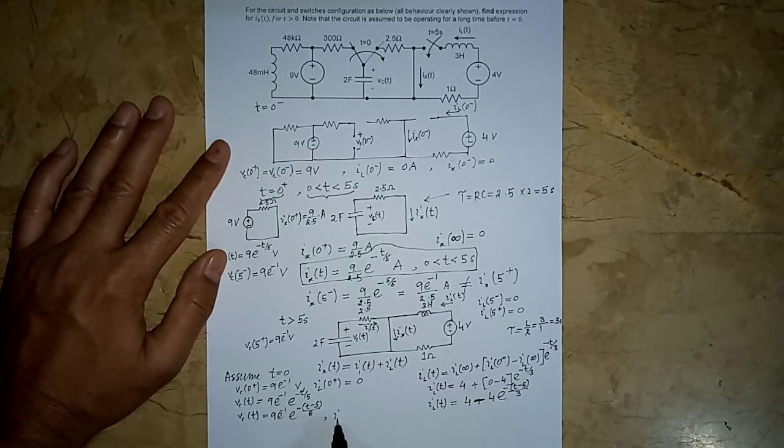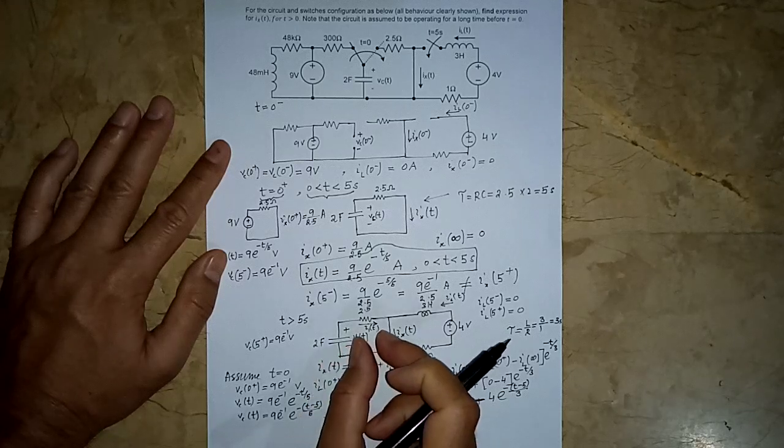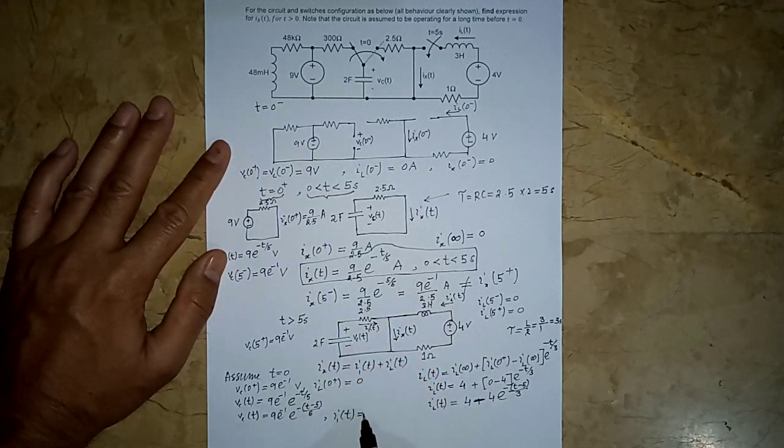Remember this VC(t) would also be the voltage across the resistor, and the resistor current would be the voltage across the resistor divided by the resistance value, Ohm's law, and passive sign convention is fulfilled. The value would be 9 e raised to the power minus 1 e raised to the power minus (t minus 5) over 5, divided by 2.5, would be the expression for this I1(t).